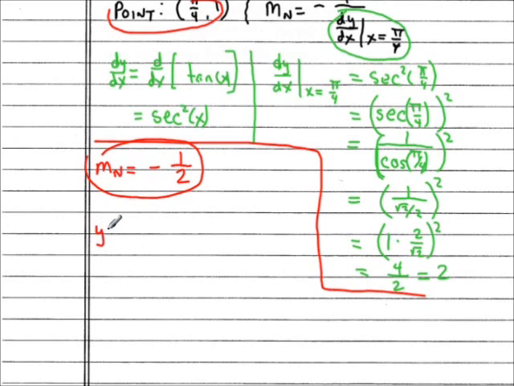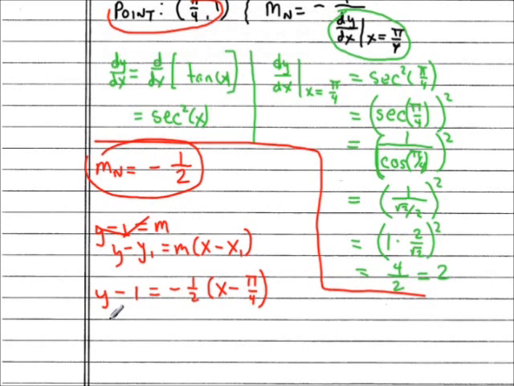Remember that y minus y sub 1 is equal to m times x minus x sub 1, and we're just filling in those values. So we have y minus our y sub 1, which is 1, is equal to our slope, which is negative 1/2, times x minus our x value of our point, which is pi over 4.